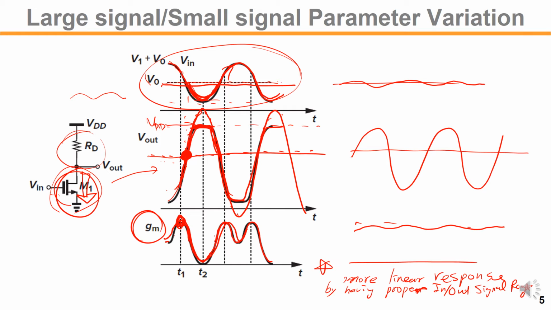So it is very important to identify the allowed signal range on the input and the output side always. Without identifying your signal range, it will be very difficult to get a good circuit response, like a linear response.